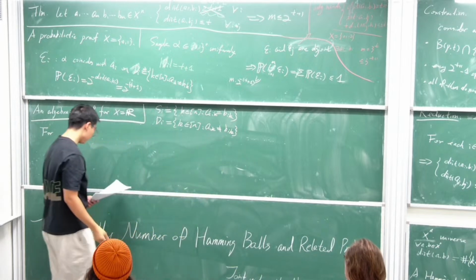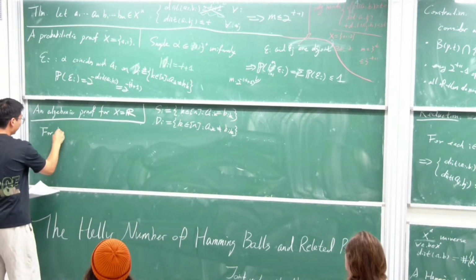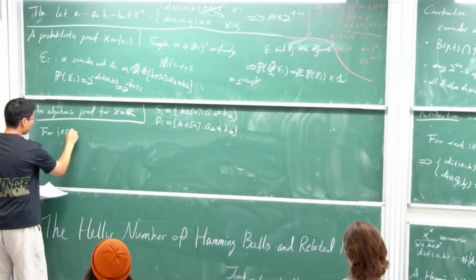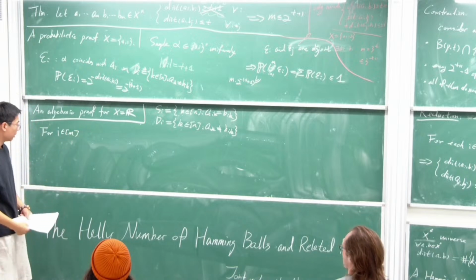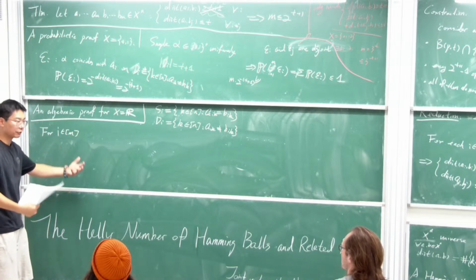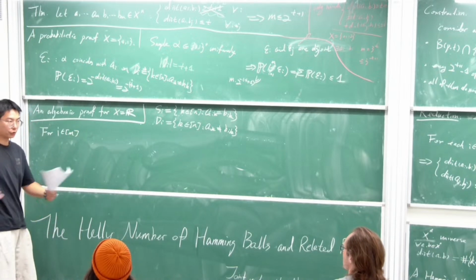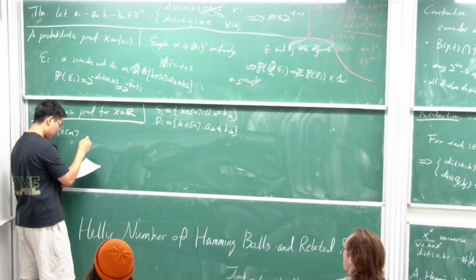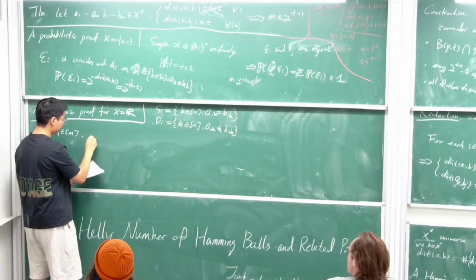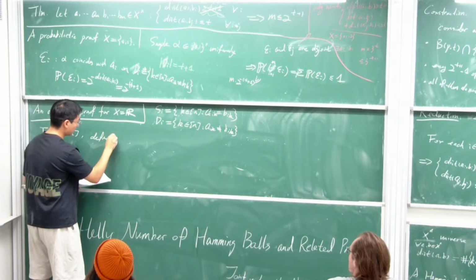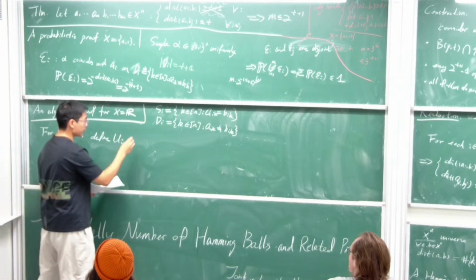So for each I, I want to construct a set of objects, which I want to represent as a subspace.